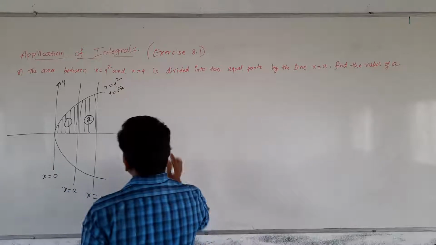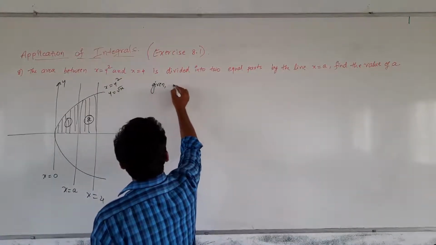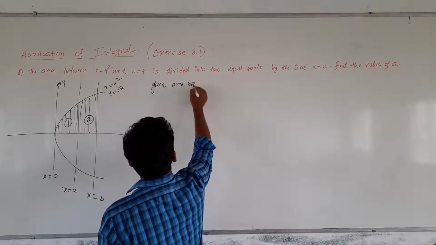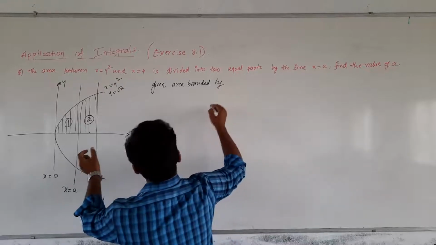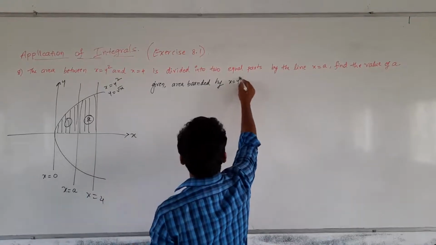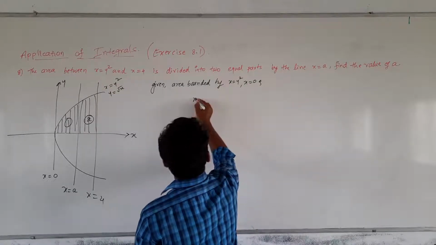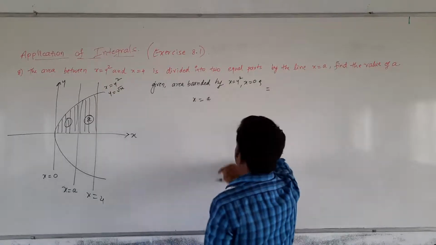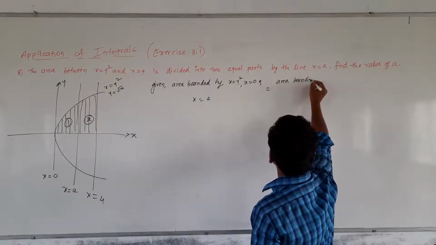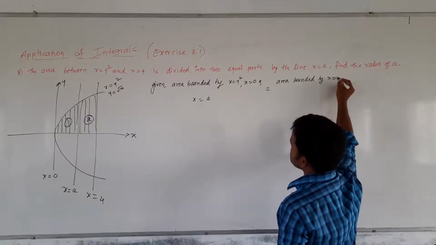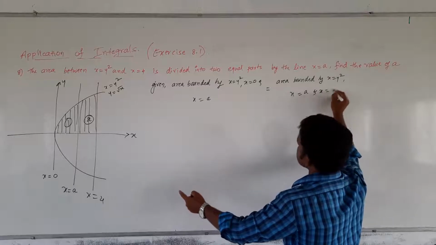Okay, here what I write, it is given: area bounded by x is equal to y square, x is equal to 0, and x is equal to a is equal to area bounded by x is equal to y square, x is equal to a, and x is equal to 4.